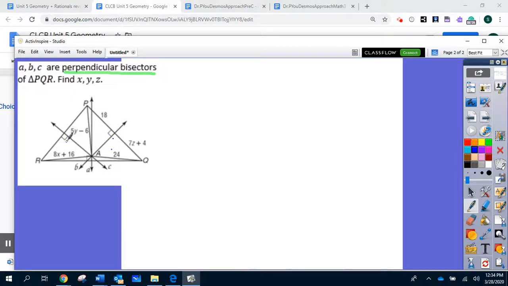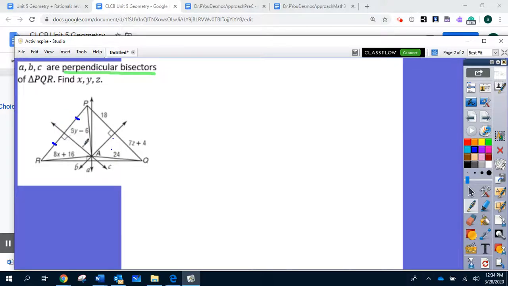You can see the 90-degree angle, and they bisect the sides, so these segments should be equal. I will label them just to remember.